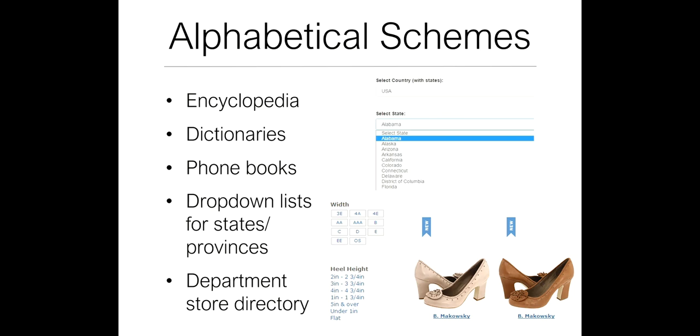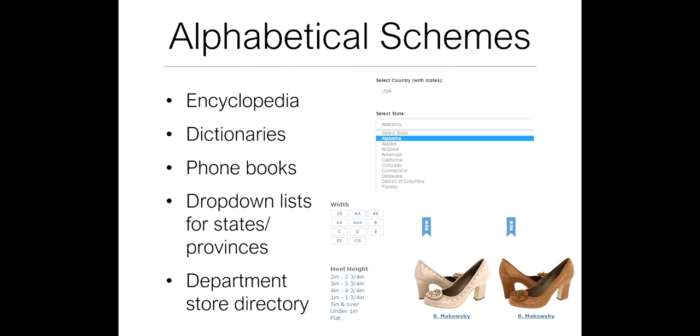A good example is a drop-down menu of states or provinces. This has proven to be more user-friendly than, say, a map. So what we have here is select the state, and sure enough, it's fairly easy for people to be able to select their state or province because they know.